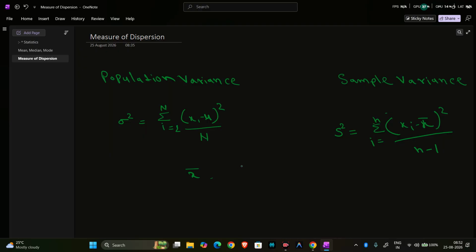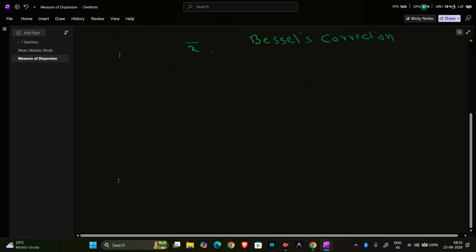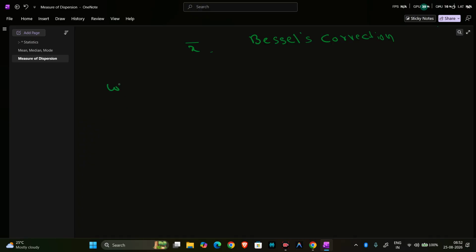What do we call this? Bessel's correction. So why do we divide by n minus 1?